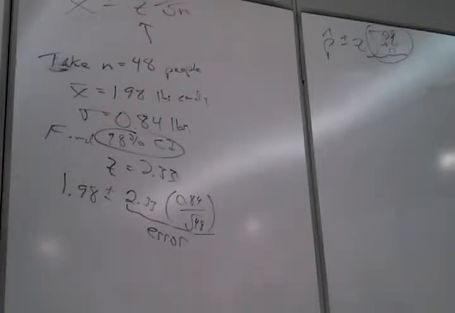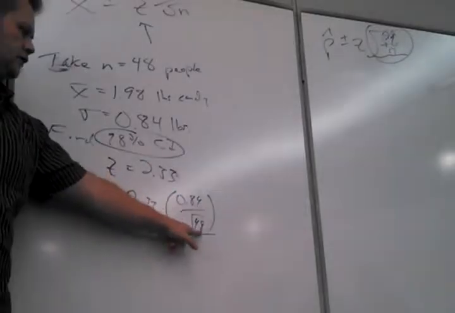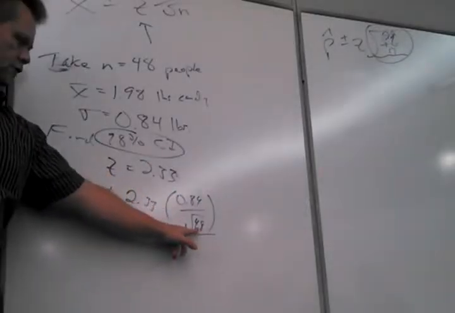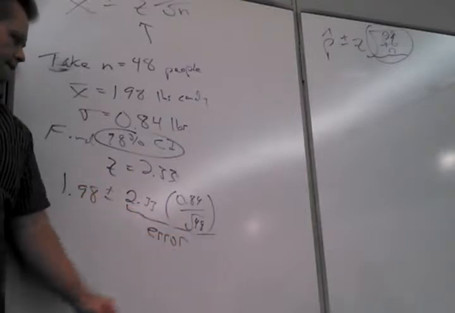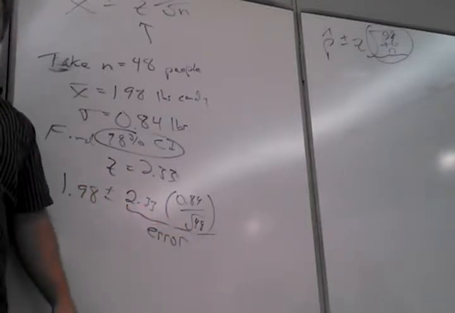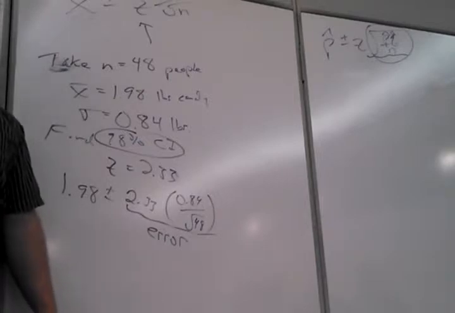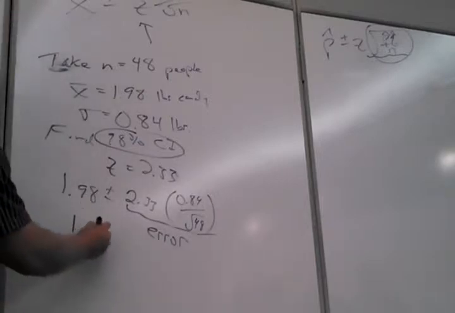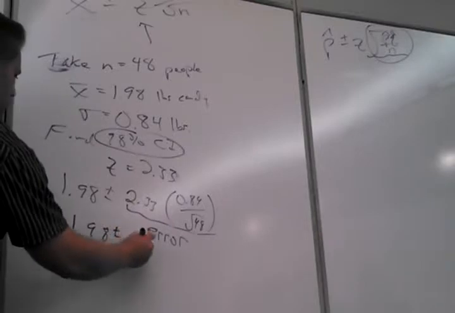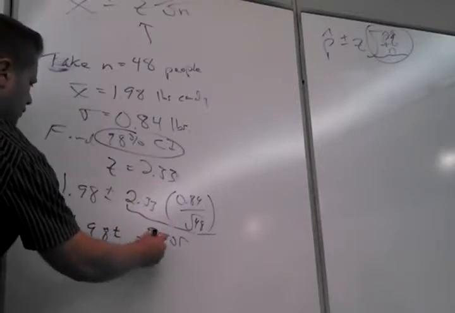It's going to be small, right? It's a very tiny standard deviation, and then I'm dividing by almost 7, so it's going to get even tinier. And multiply that. 0.2 something sounds right. Okay. 1.98, give or take 0.2. Do it one more time.